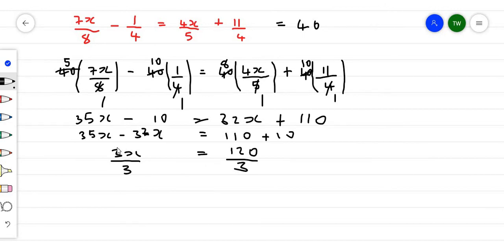If I divide both sides by 3, 3 will cancel out 3 here, leaving back with x. And 120 divided by 3, that's going to give me 40. So therefore, x is equal to 40.